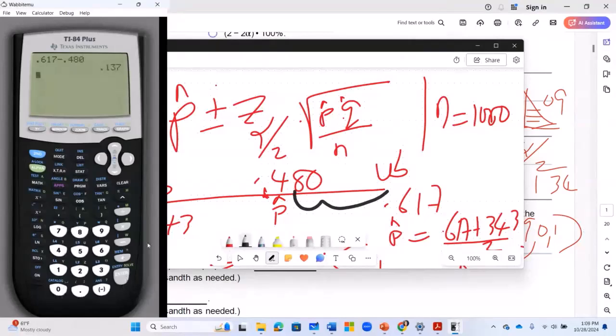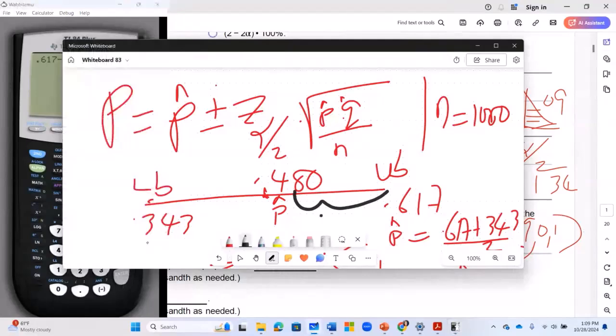So the margin of error is 0.137. The margin of error is going to be the same again here, 0.137.